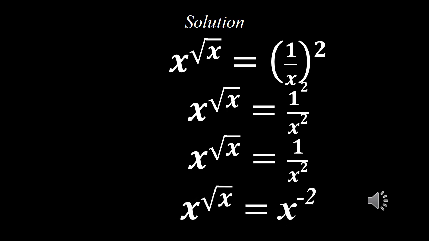So x raised to power root of x equals 1 over x, all squared. That is, we open the bracket at the right side, we give the square to both 1 and x. So we have x raised to power root of x equals 1 squared over x squared.